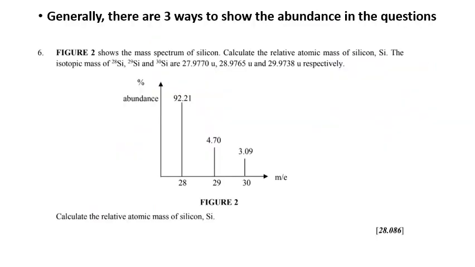After knowing the difference between average atomic mass and relative atomic mass, now let's move to another focus. You will notice that there are three ways that abundance can be shown in the question. This is a tutorial question. When we look at question number 6 in the tutorial, you will notice that the abundance is given in percentage.